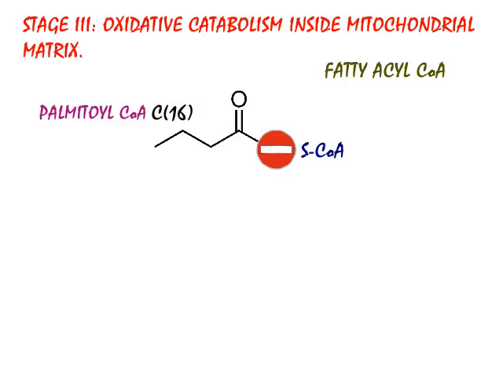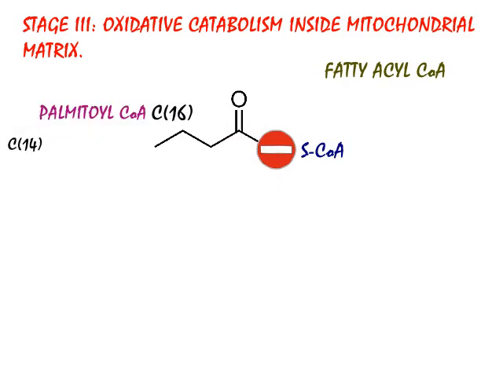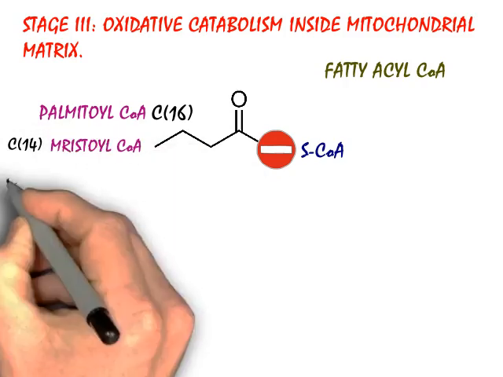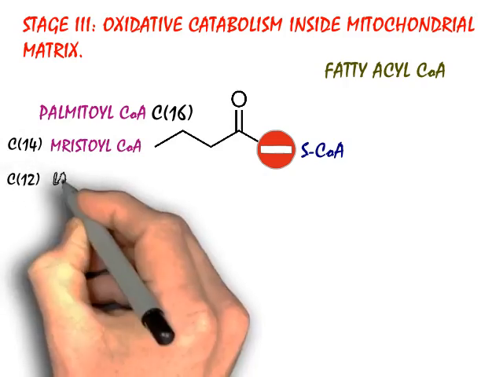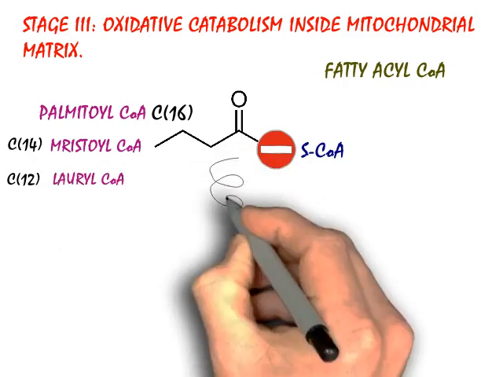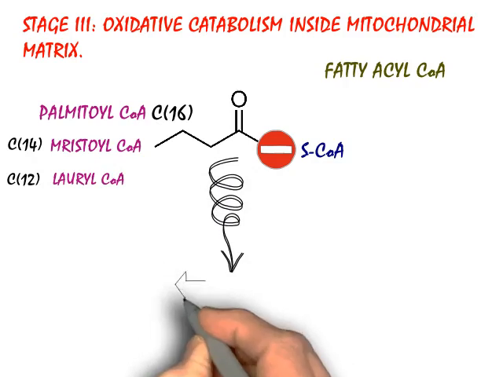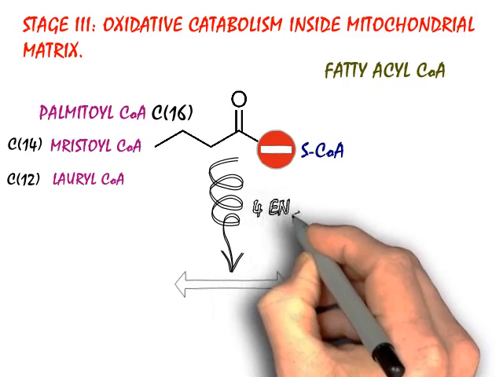If we have a carbon chain of 14 carbon, it is known as myristoyl-CoA. And if we have a carbon chain of 12 carbon, it is known as lauroyl-CoA. And during its conversion, two products are formed. And during the formation of the two products, four enzymes are used in this reaction.